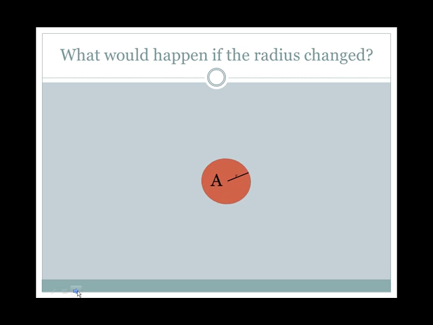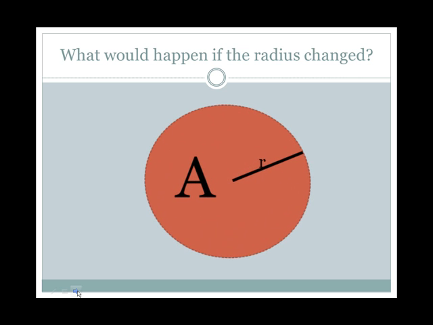And depending on how fast or slow I let my radius grow is going to affect how fast or slow my area goes. So as my radius changes over time, what does that do to the change in my area over time?